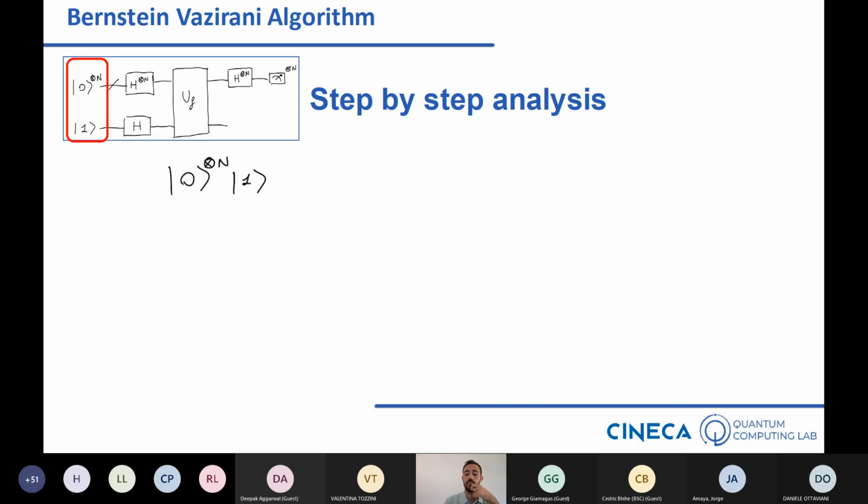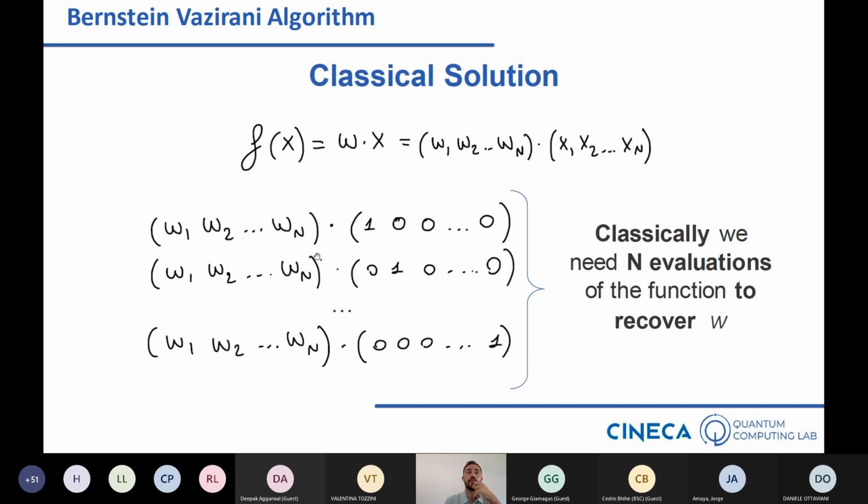Yes, it's an inner product, so you multiply. It's the product when you have strings. You get a single number in output.